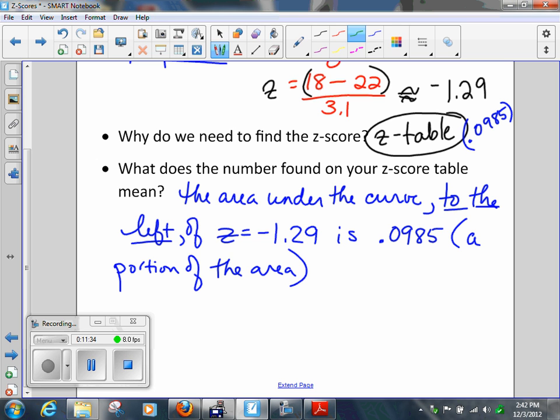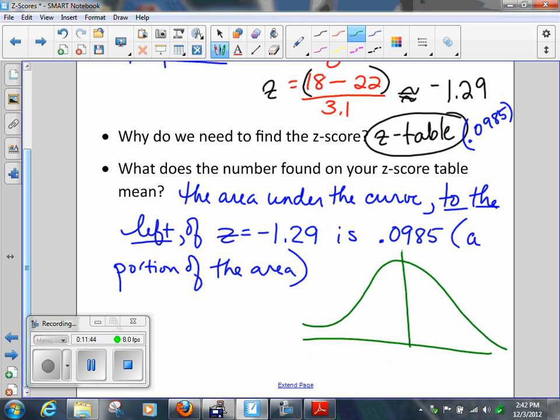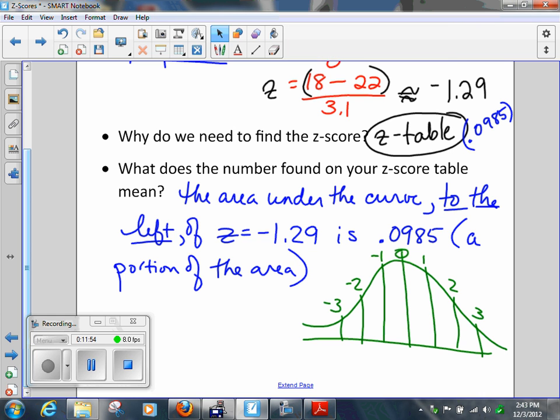What does that mean? All right, let's look at it. So we have our curve. We have our mean, but we're using z-scores, so it's 0, 1, 2, 3, negative 1, negative 2, negative 3. And we just found that our number was negative 1.29. So that's going to be somewhere about right there.